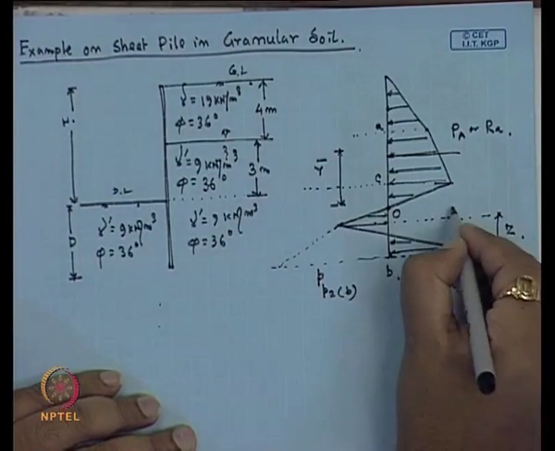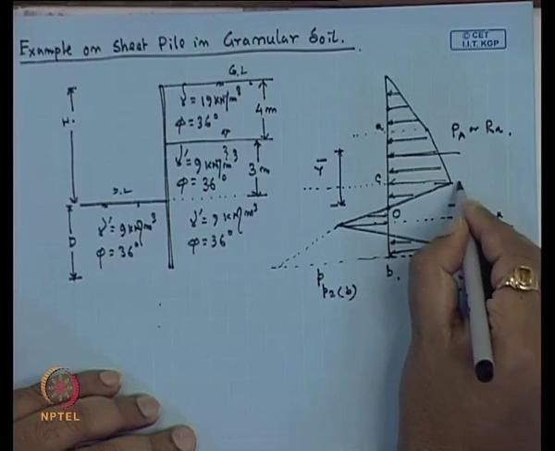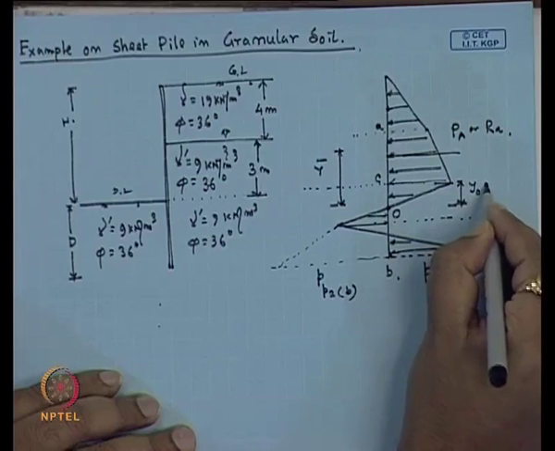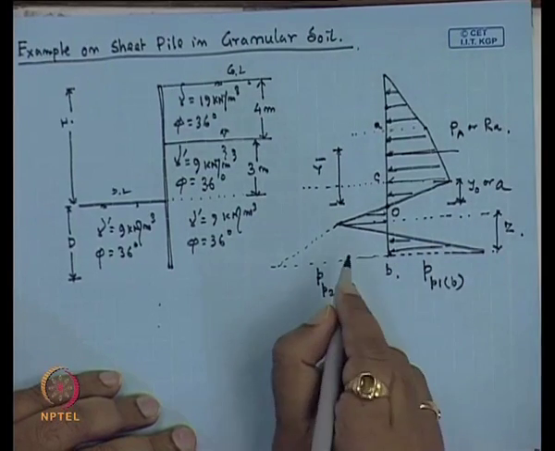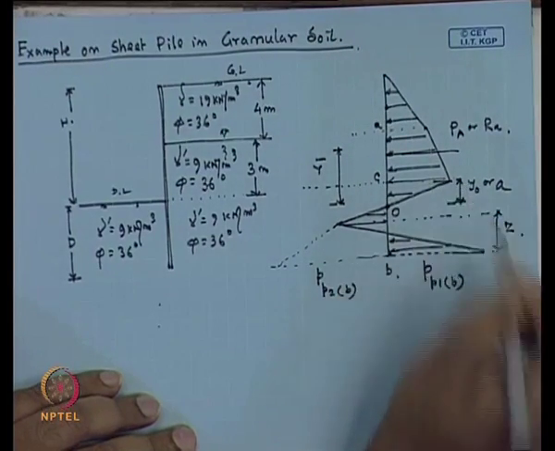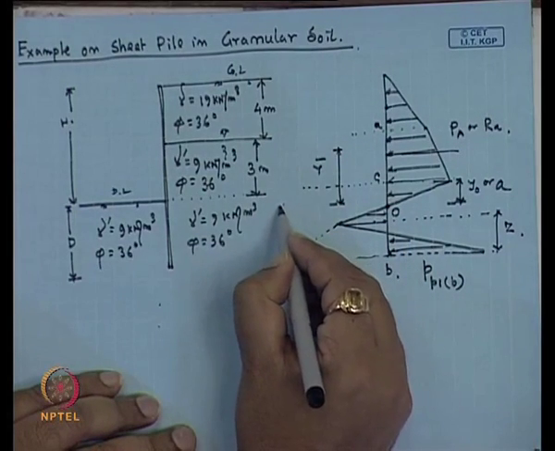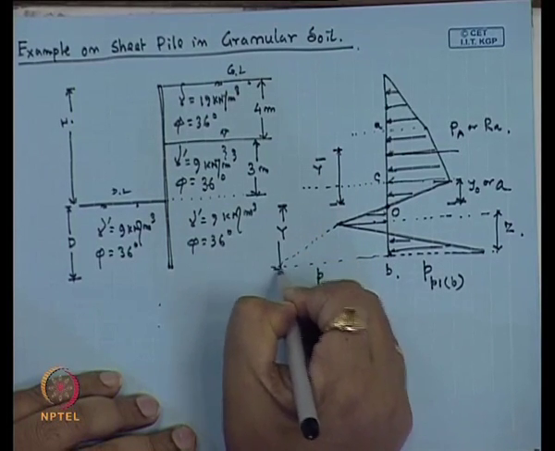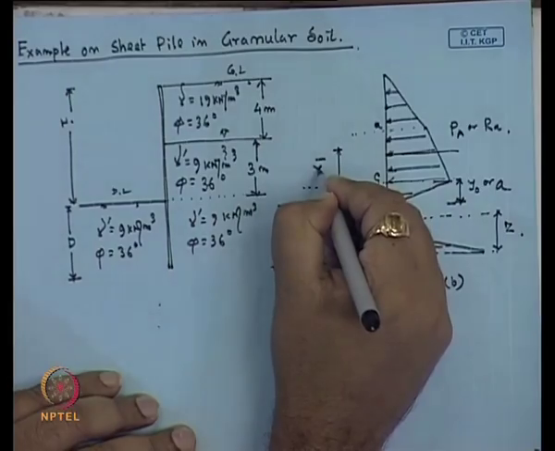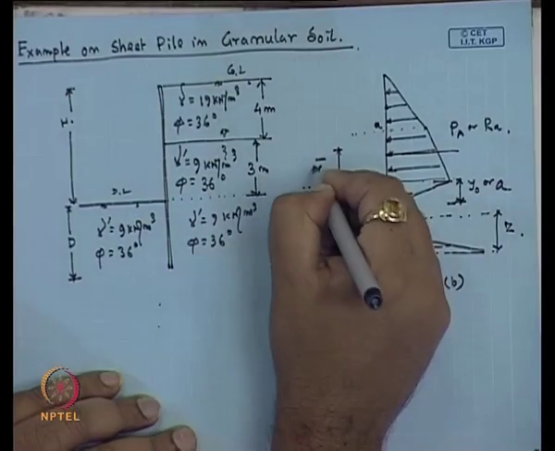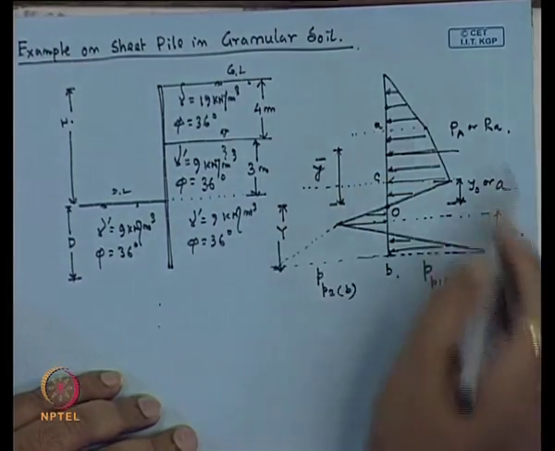This O point is also at a distance of y 0 or a from the dredge level, and the distance of the O point from the base is capital Y, and this is small y bar.